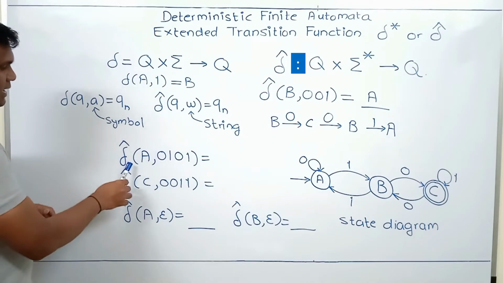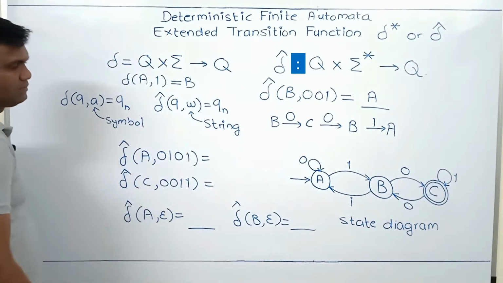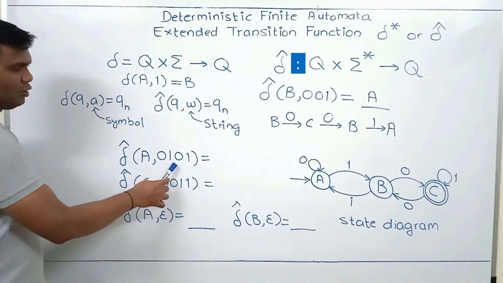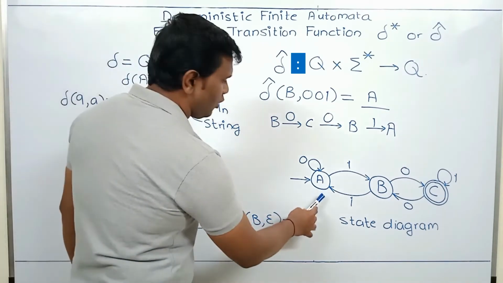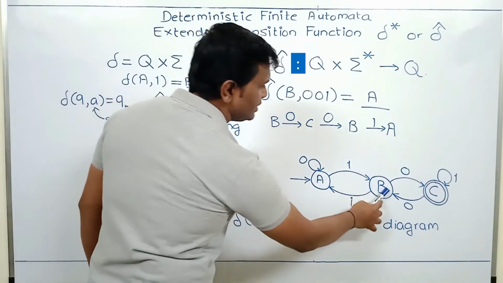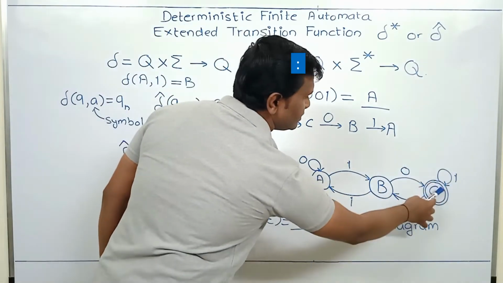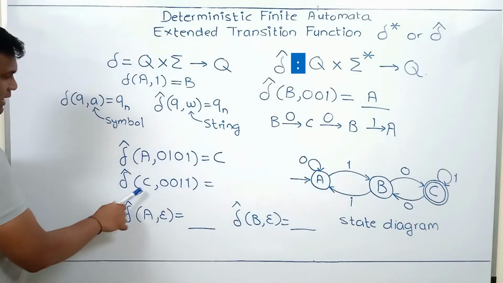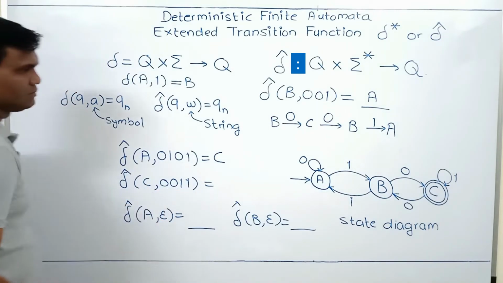So what is delta cap(A, 0101)? Here you have to begin from A and then process 0101. So from A, on 0101 you get C. Delta cap(C, 0011).